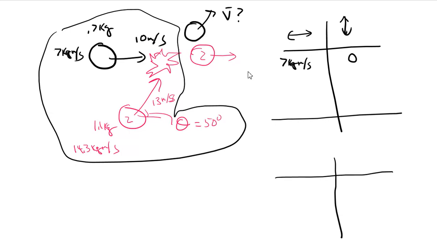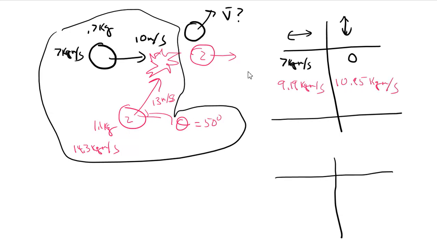So it's 14.3 times the cosine of 50 degrees, which is 9.19 kilogram meter per second. And 14.3 times the sine of 50 degrees, which is 10.95 kilogram meter per second.